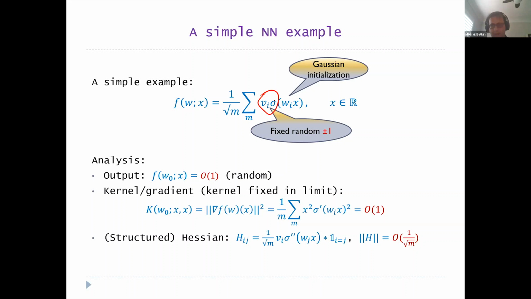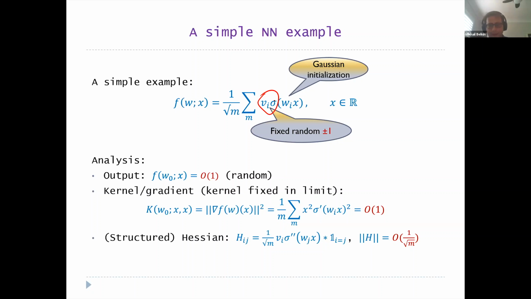Okay, so it's a very simple example. Now, because it's normalized by 1 over square root of m, it's a sum of m random variables with expected value 0. So the sum is of order square root of m. When I divide by square root of m, the output is O of 1. If you check the kernel, you also see it's O of 1, just because it's a sum of gradients squared.